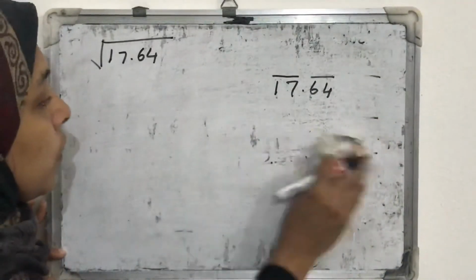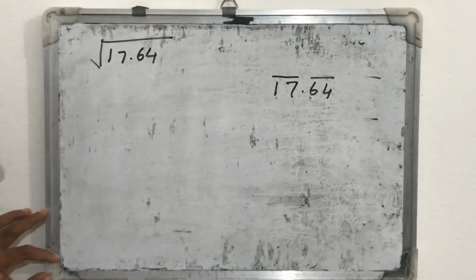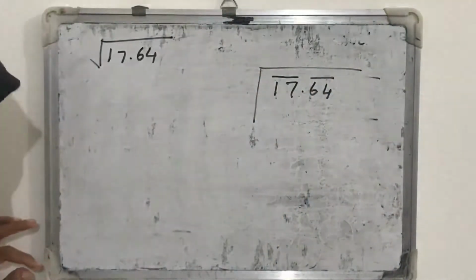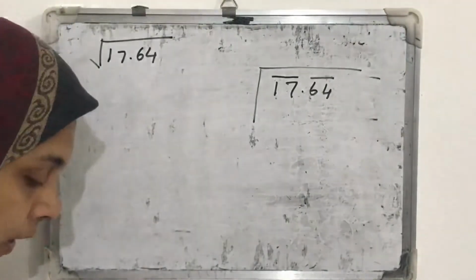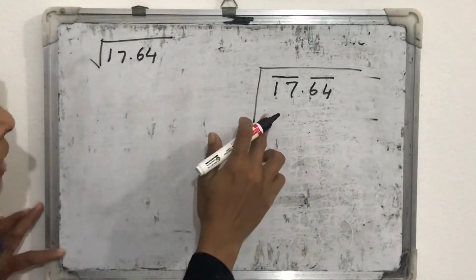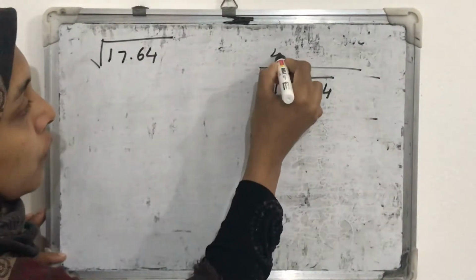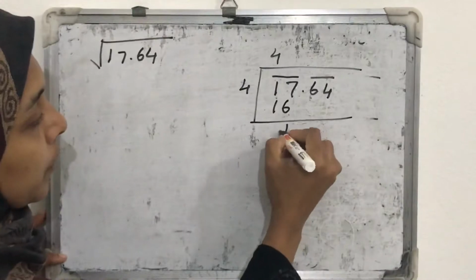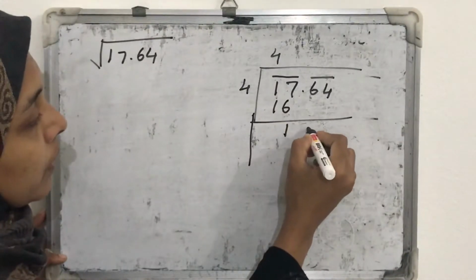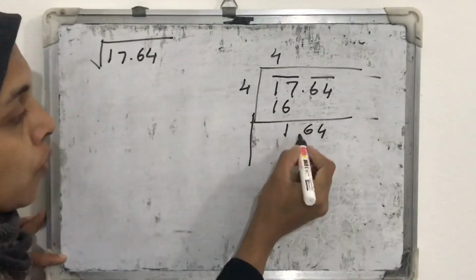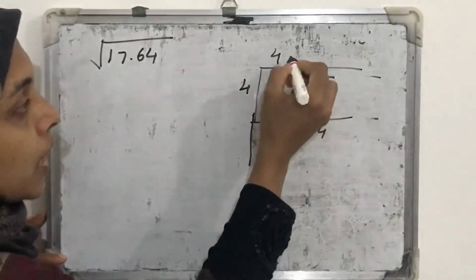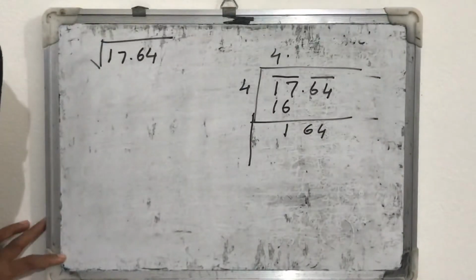Now suppose we want to find the square root of 17.64. We start with the largest square number just below 17. It is 16, so the root is 4. 4 into 4 is 16. Subtracting, we get 1. Then bring down 64. Before that, there is the decimal point, and we place that decimal point in the quotient.